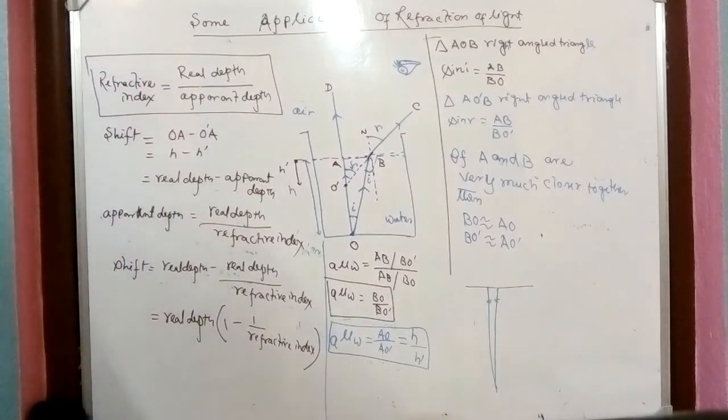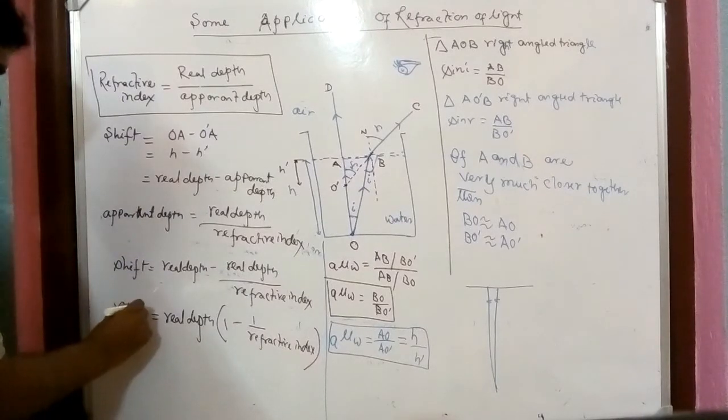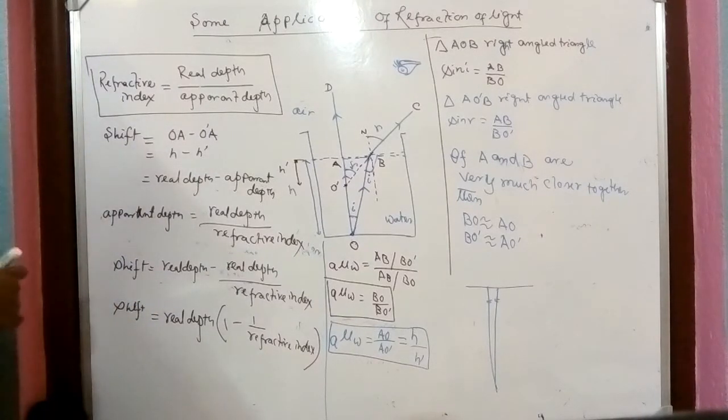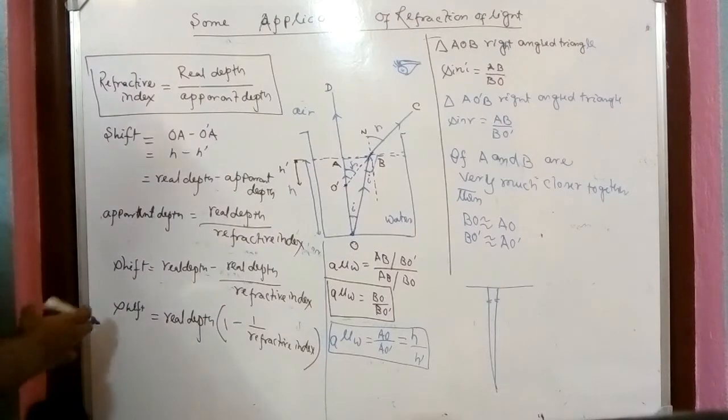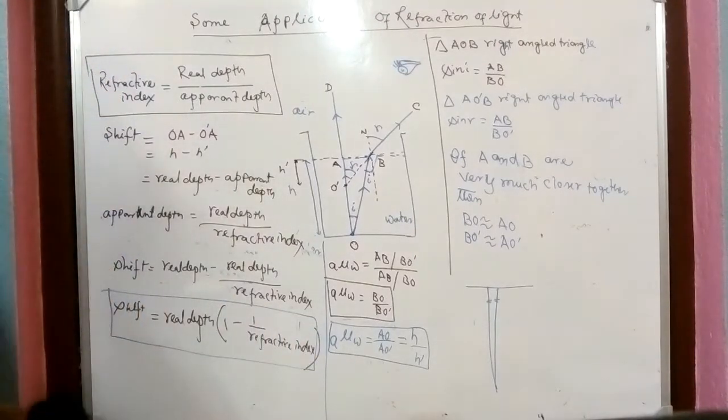So that is our equation of shift, that is how much the depth is changed, and that is the relation of the refractive index with the real depth and apparent depth. So these two equations you have to remember. If you're not able to remember the proof also, there is not a problem. Okay, I think it is clear.